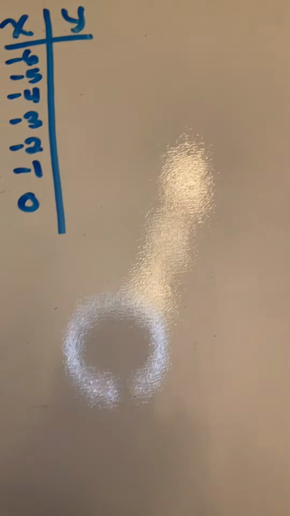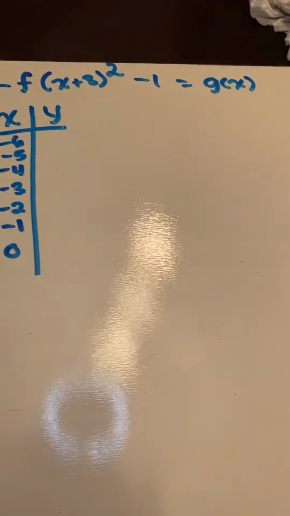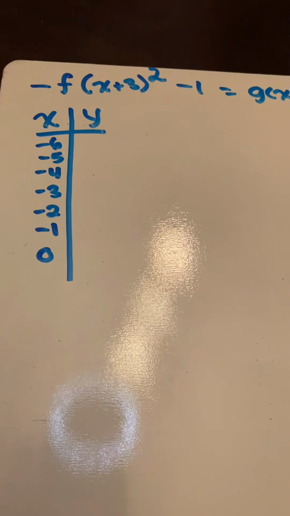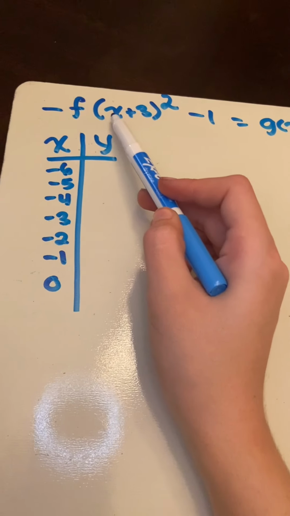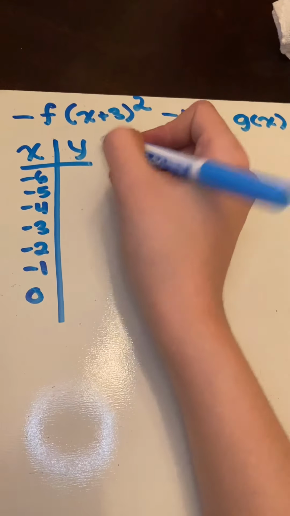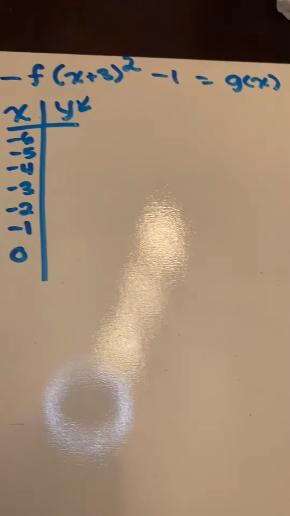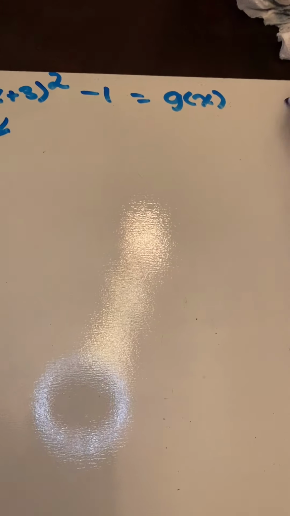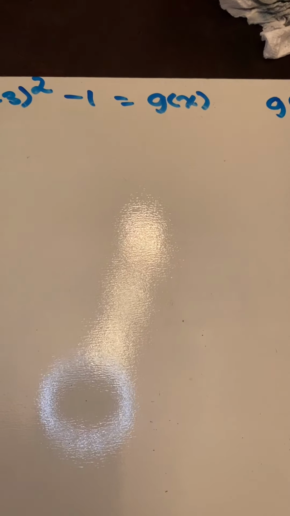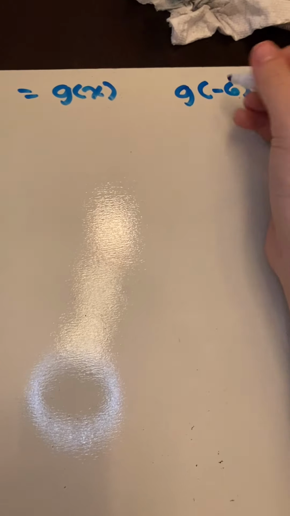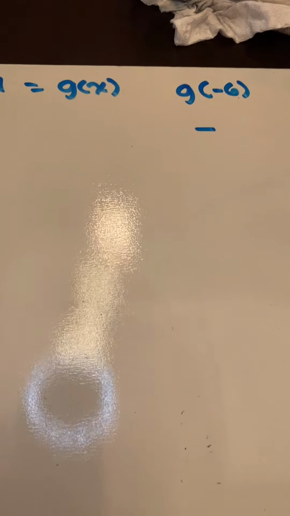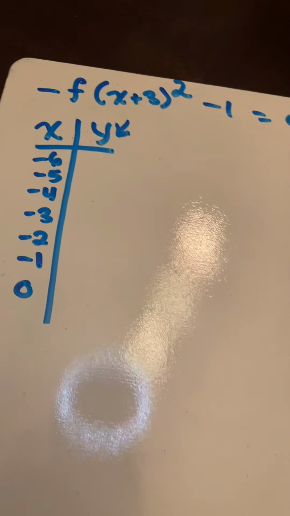So what we're going to do here is substitute these values into the x in the function, in order to get our y value, right? So let's find g of negative 6. We're going to write the same formula. Keep the negative, since I know the f is basically your 1.